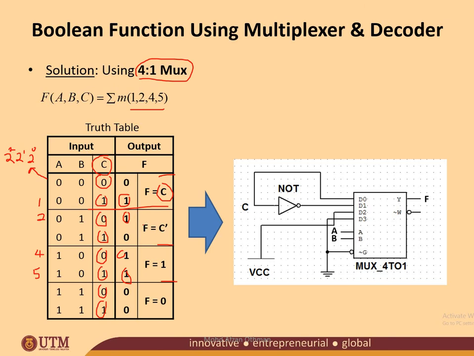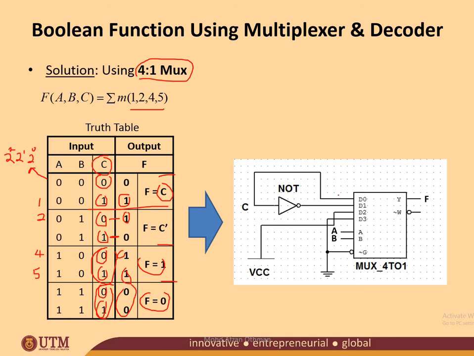F is actually the inversion of C. At the third combination, F will always be 1, regardless of the value of C that you have. And for the fourth one, F is always 0 regardless of what C you have. So you still have zeros.